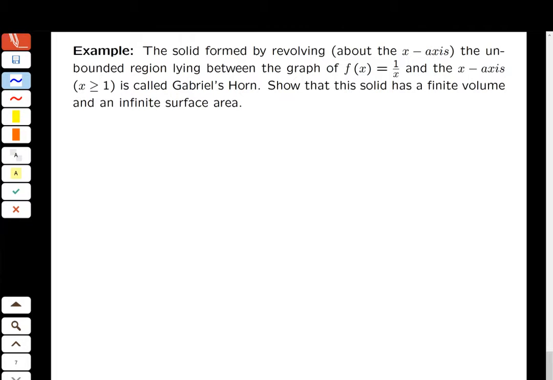What we do is we look at the function f of x equals 1 over x. If you look at that function from 1 to infinity and revolve it around your x-axis, it sort of has a horn shape.